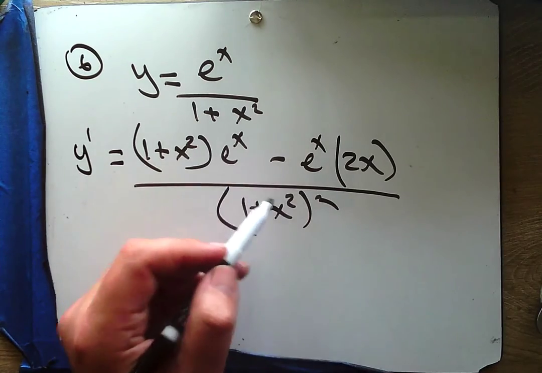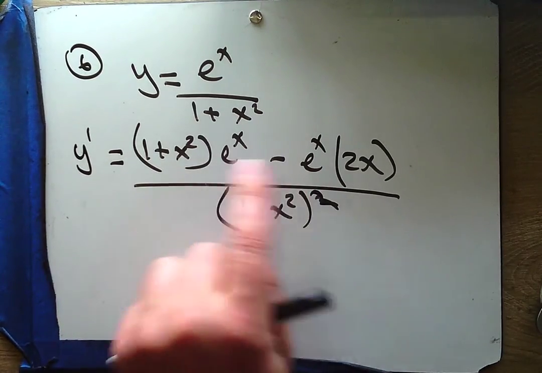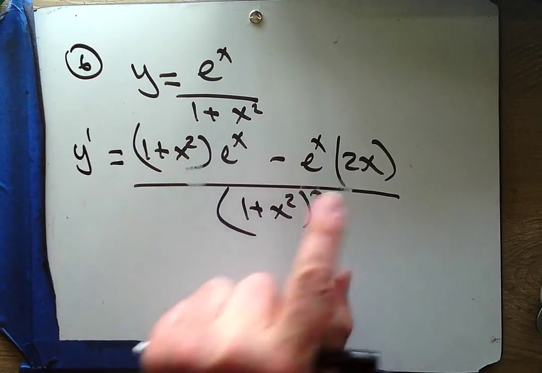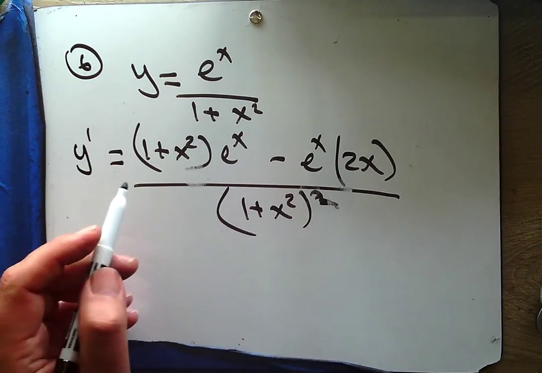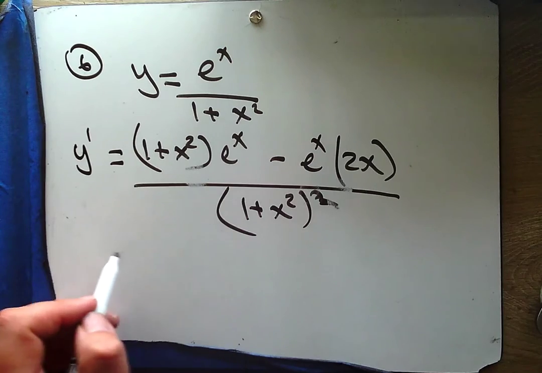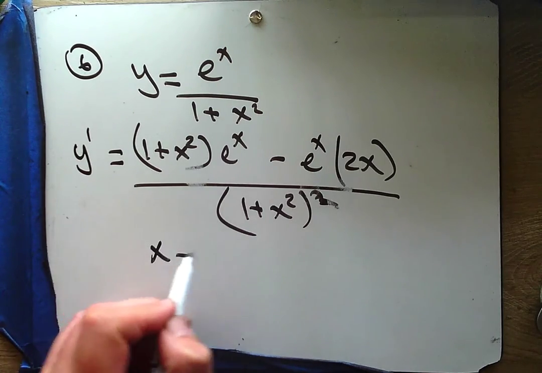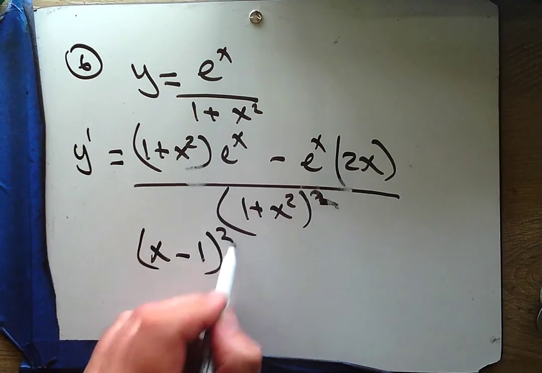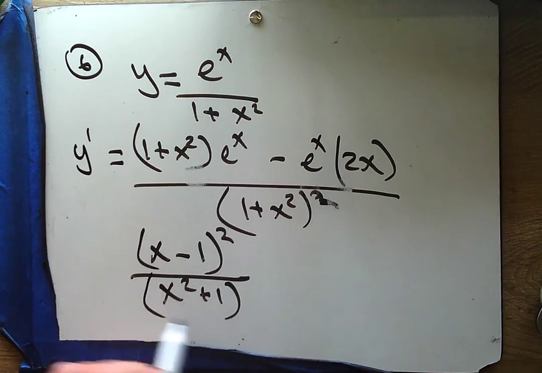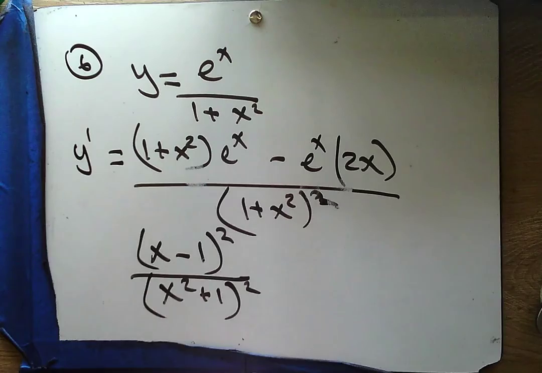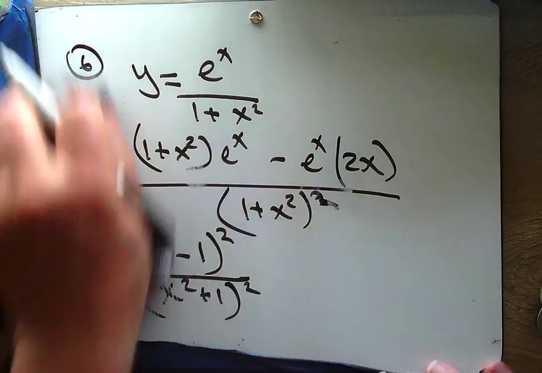I really want to take this further because I can factor that out, and then I have a trinomial, and it looks like that trinomial even factors. Like it's a perfect square trinomial. So what would that be? That would be (x - 1)^2 over (x^2 + 1)^2. Oh, but no, there's no canceling out.